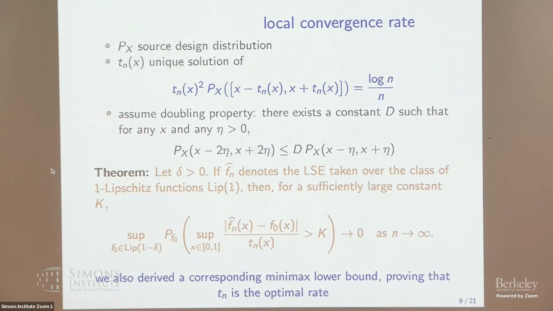And that's also uniform over the true function being, it can't actually be on the boundary, it can't be a Lipschitz 1 function, but it can be anything which is a radius a bit smaller than 1. It's also uniform over a certain large class of design distributions, basically all of them that satisfy the doubling property with the same constant. I didn't put that on the slide, but there's some uniformity with respect to that.